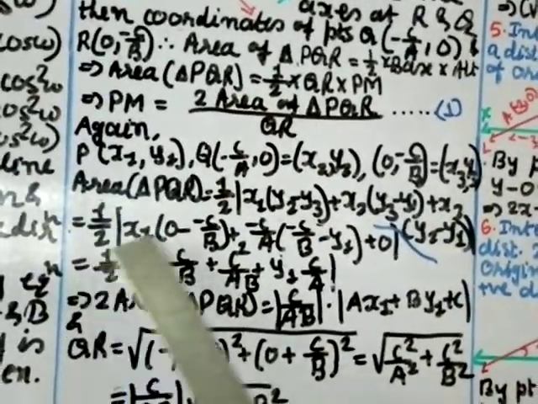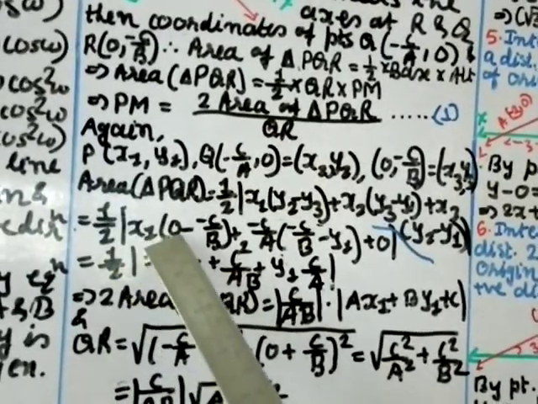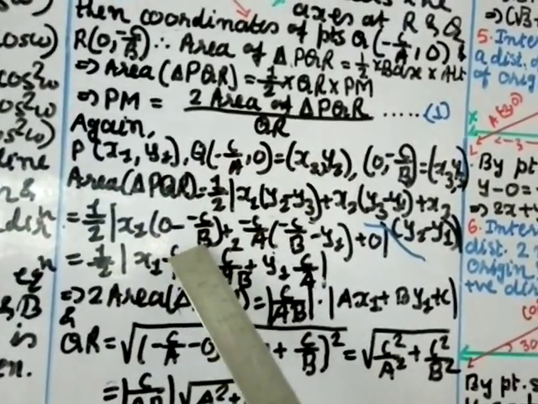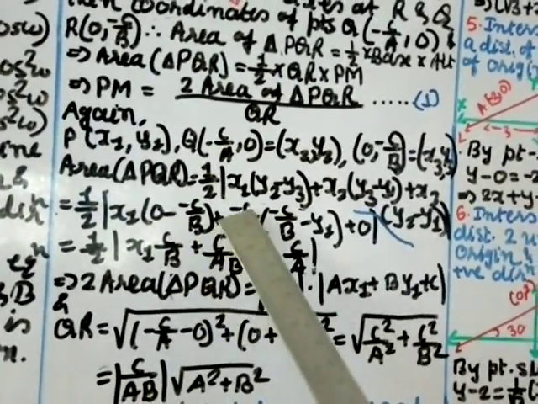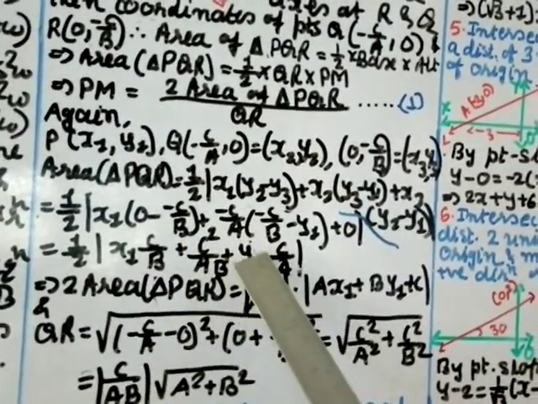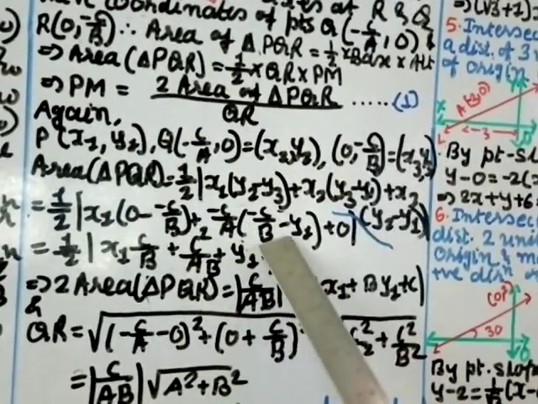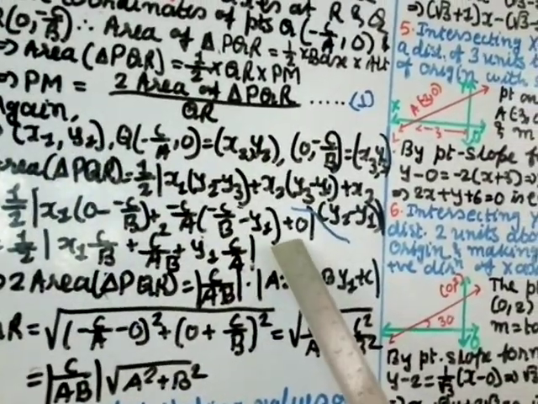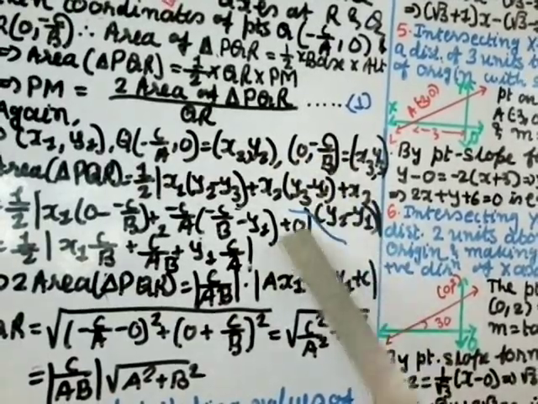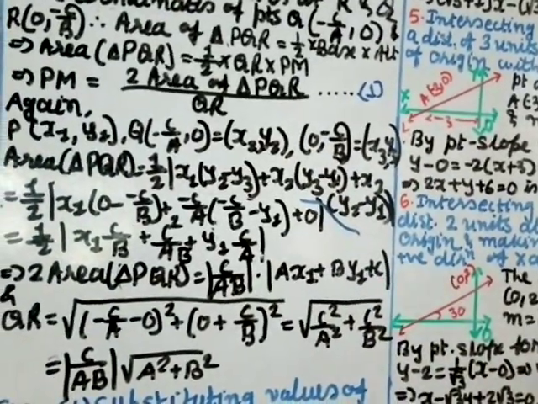So 1 by 2, x1 is as it is, y2 is 0, y3 is minus c by b, but there is a minus here, plus x2 is minus c by a, then y3 is minus c by b, minus y1 is y1 only, plus x3 is 0, so the other term I am not writing, it will automatically become 0.